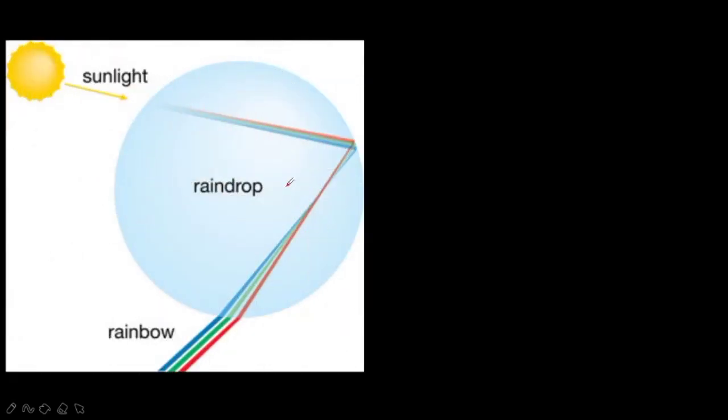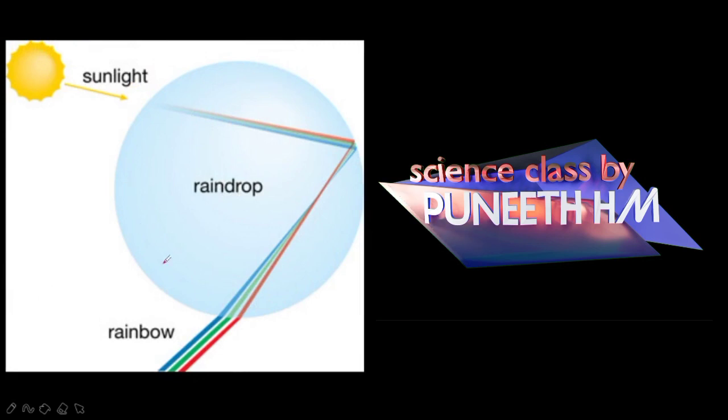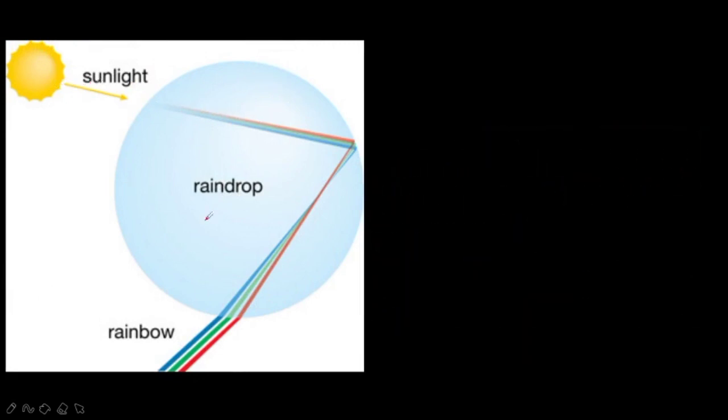So shall I show you that? Yes, see. So this is a raindrop. Whenever the sunlight enters into this raindrop, we will apply some technical knowledge. This raindrop acts as one medium. This is air medium. So whenever the light passes from one medium to another medium, what does it show? It shows refraction.